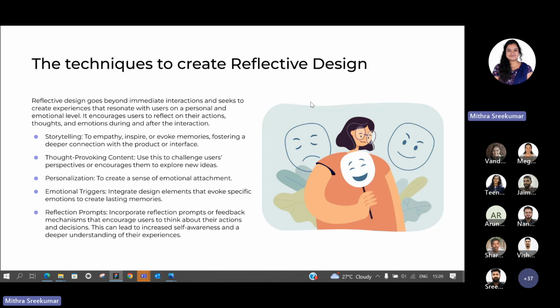So the user is always choosing the best one. So for having better UX design and better emotions from an application, he will definitely choose that over the other one. So certain techniques we can use here are storytelling, and another one is thought-provoking content.